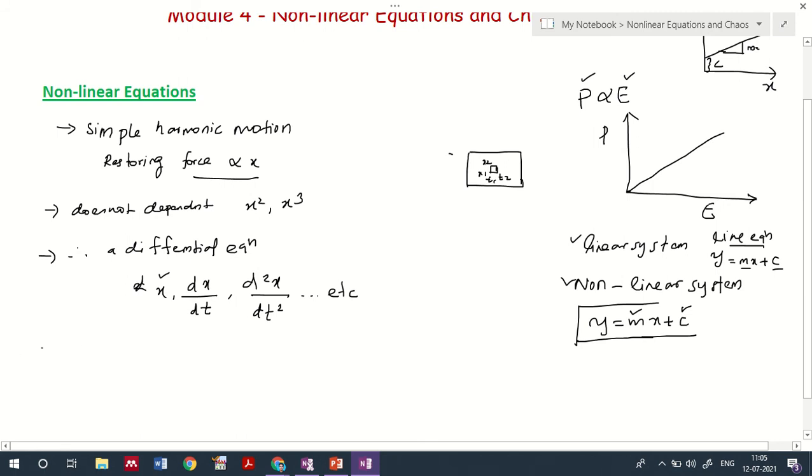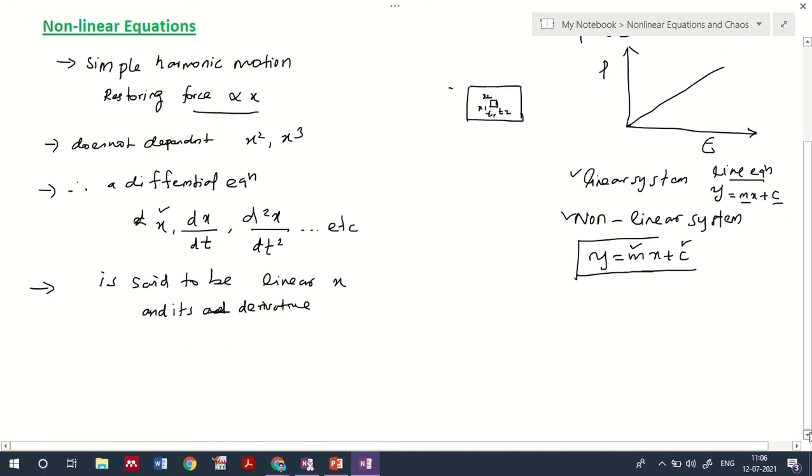Now what we can say from this differential equation is that it is said to be linear in x and its derivatives.